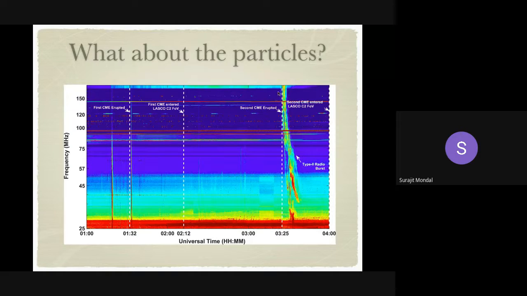So, as I mentioned earlier, you will see that as time progresses, this structure is moving towards lower and lower frequencies. So this is the drifting structure I'm talking about. As time is progressing, the frequency of emission is moving towards lower and lower frequencies. Now, as we explained, this emission is caused because of these accelerated particles.